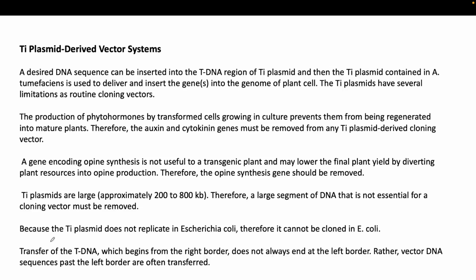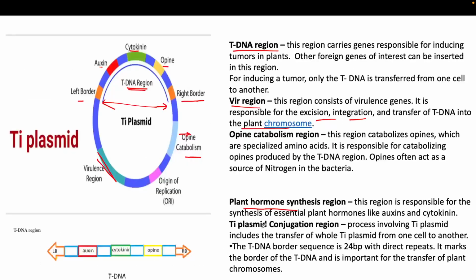Then, because the Ti plasmid doesn't replicate in E. coli, it can't be cloned into E. coli, because it has the origin of replication for Agrobacterium tumefaciens. So that region also has to be removed from the Ti plasmid.